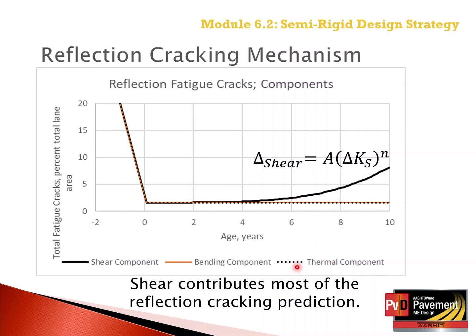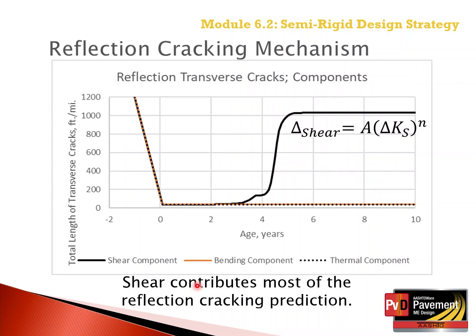And you can see very clearly the shear mode contributes most of the reflection cracking potential for total fatigue cracks that can be measured at the surface of the asphalt. This is fatigue cracks that exist in the chemically stabilized layer and that are being reflected through the asphalt layer. So the shear mode is definitely more important in terms of fatigue.